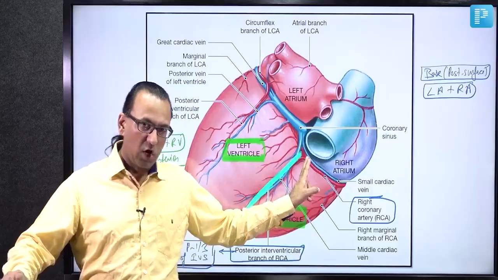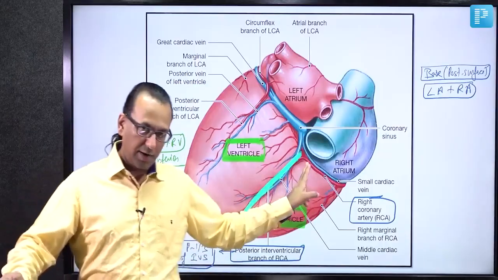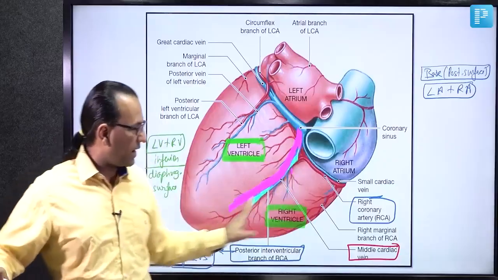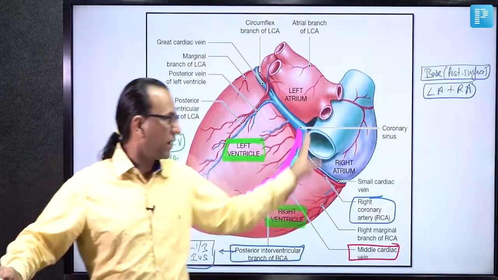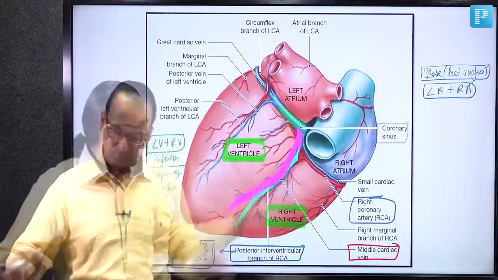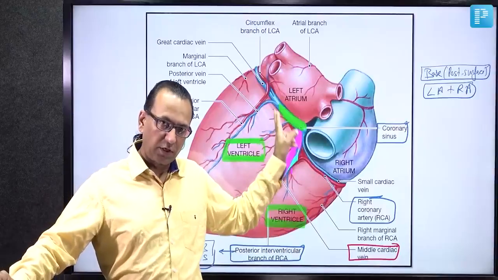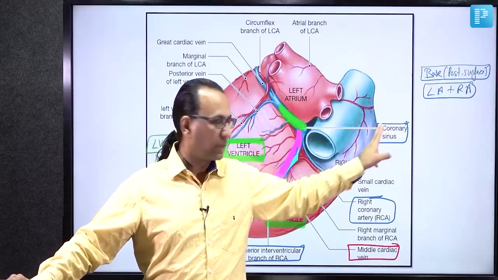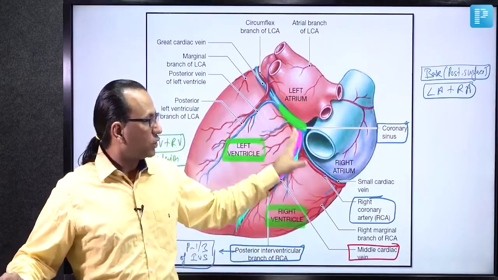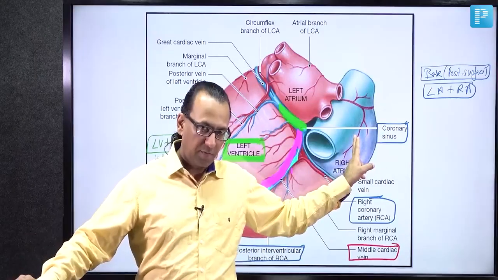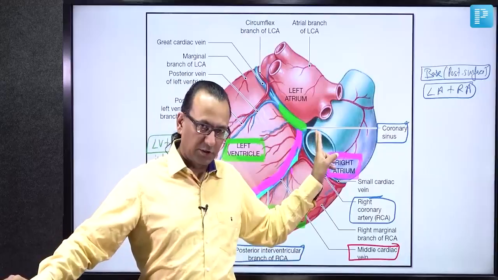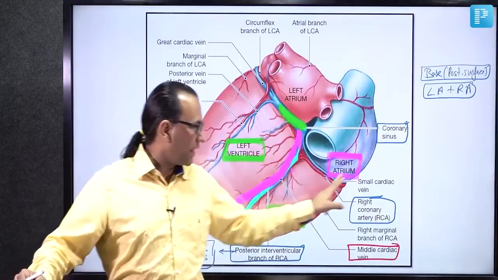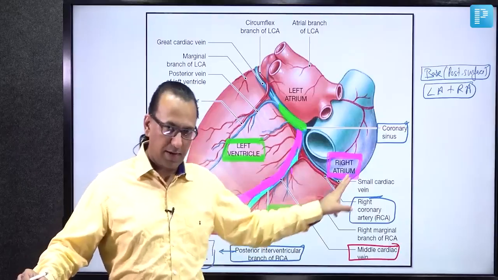It is followed by a vein which is called the middle cardiac vein. Now, the middle cardiac vein, which follows the PIVA in the PIVG, is going to drain into the coronary sinus. And the coronary sinus, which is in the coronary sulcus on the posterior view of the heart, drains this blood into the posterior smooth part of the right atrium. Then this coronary sinus receives two more major veins. One of them comes from the right side and is called the small cardiac vein.